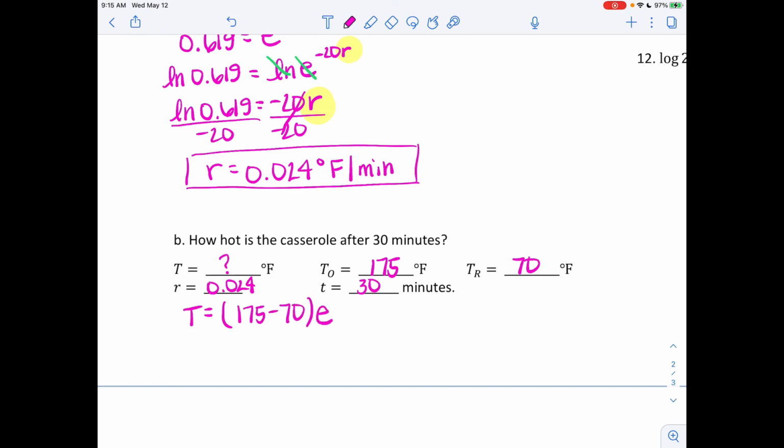Remember that that's multiplied by e raised to the negative r times t, 0.024 times 30. And then tack on the end plus 70.